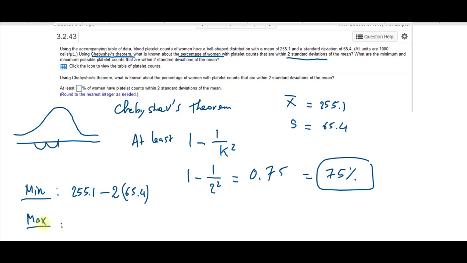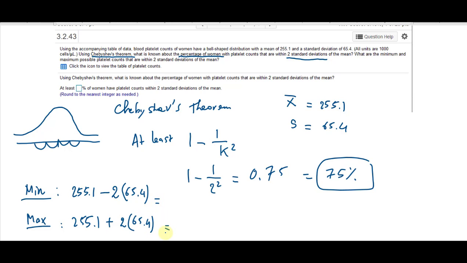But to get the max value, we go to the right 2 times. So the same mean value, but we add 2 standard deviations, multiplying by the given standard deviation s, 65.4.